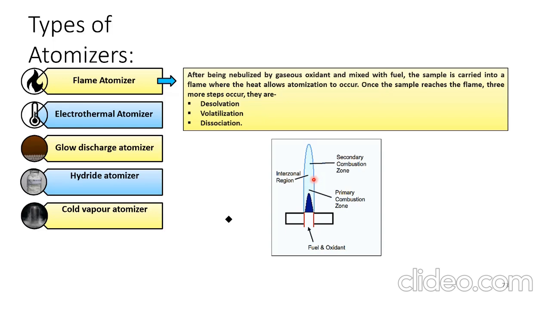The atomization will occur here, and the sample reaches the flame in three steps. First dissolution will happen, then volatilization, and dissociation eventually. So the ions will dissociate from the molecule. Other atomizers are also there: electrothermal atomizer, glow discharge, hybrid, and cold vapor atomizer.